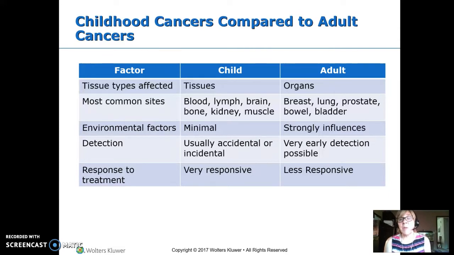In adults, we have preventative screenings that we can do. I guess that's not really preventative, but early detection screenings that we do. And then the good thing is childhood cancers, we have much better rates of the cancer being responsive to treatment than we do with adult cancers.